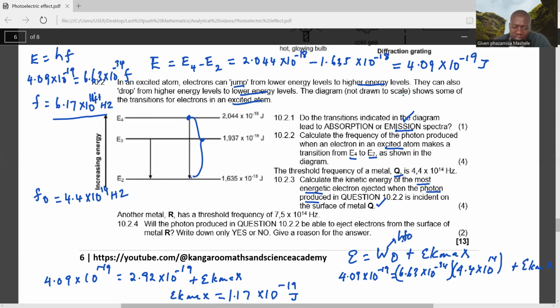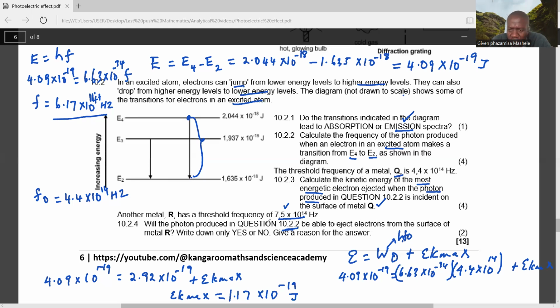Then the second question says, another metal R has a threshold frequency of 7.5 times 10 to the power 14. Will the photon produced in question 10.2 be able to eject electrons from the metal surface of R?